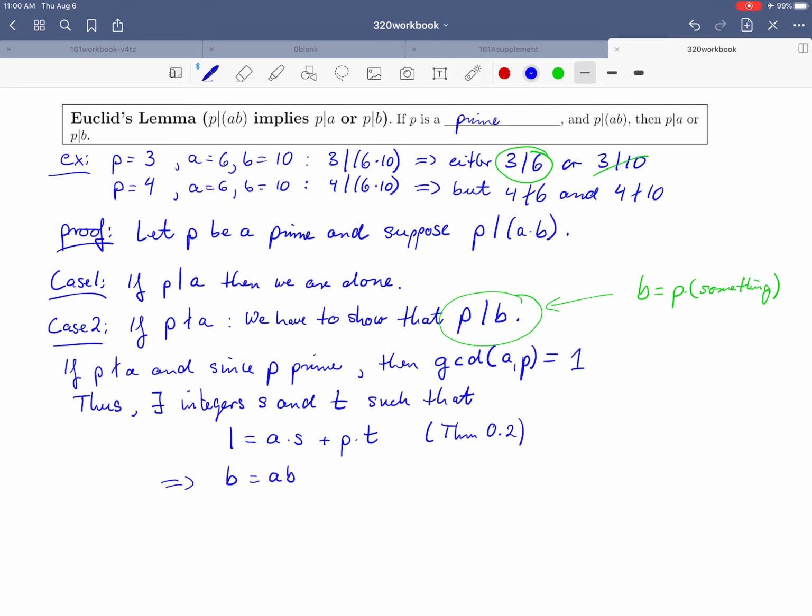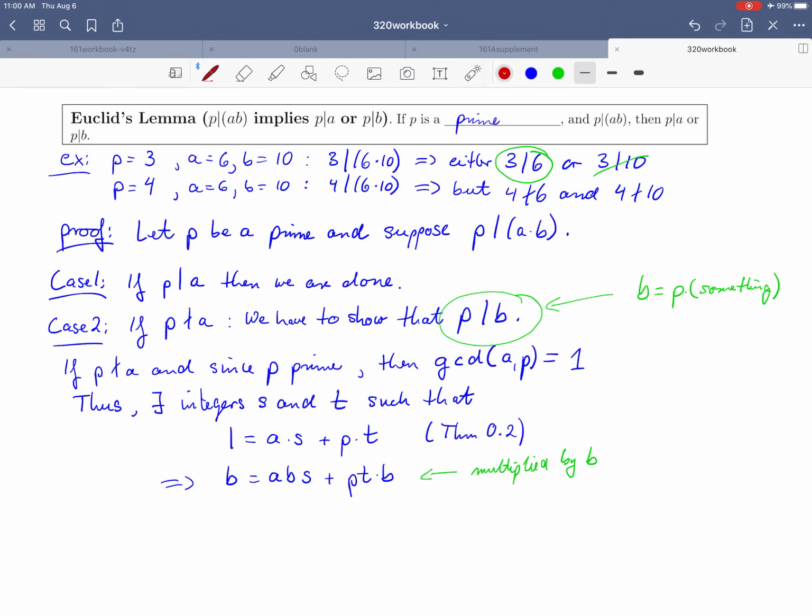Since we're working with integers right here, I can stick it anywhere I like. So I can write this as ab times s plus pt times b. Doesn't really matter. But really, all that I did right here, we just multiplied by b. Okay, how is this helpful? Well, we have b written as something plus something, and we already have p sitting right here.